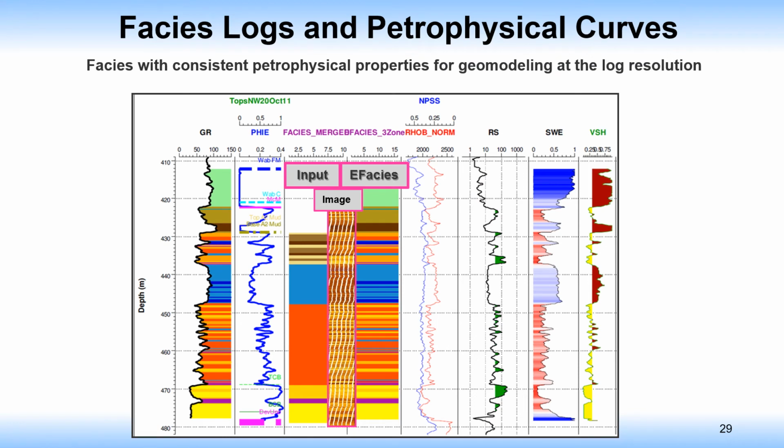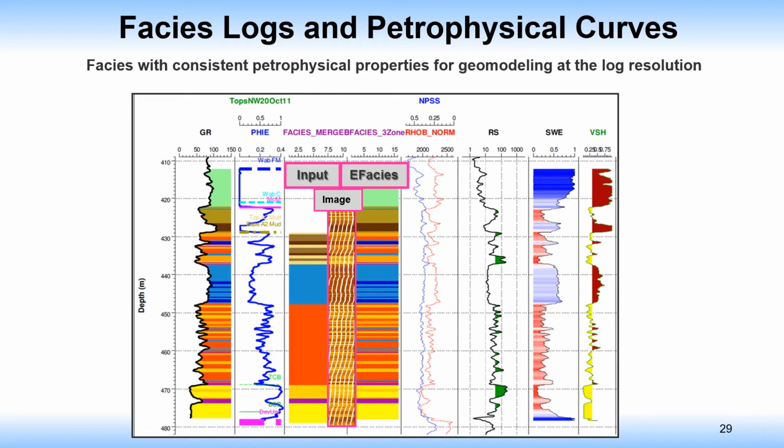Okay, so then one of the key pieces of information to get the reservoir geometry and architecture is Facies logs, and their association with petrophysical curves. So this is just illustrating electrofacies. I have a talk in the geomodeling session as well on electrofacies.